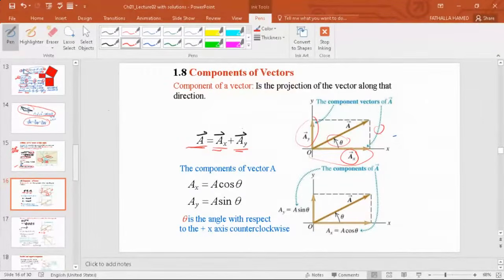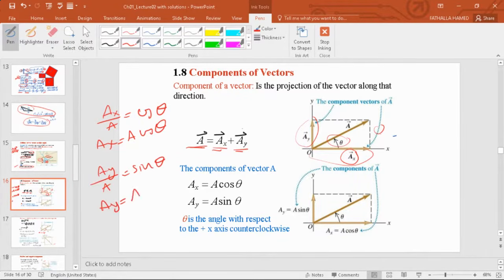I can say that my ax over A should equal cosine theta, the adjacent over the hypotenuse. So now ax here will equal A cosine theta. Similarly, I can say that ay over A equals sine theta. So the ay here will equal A sine theta.